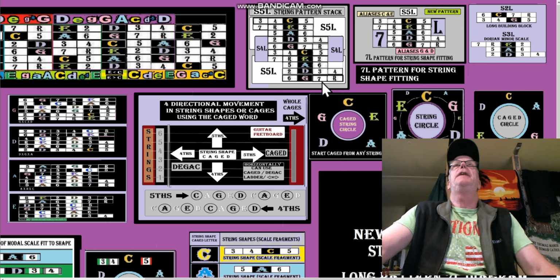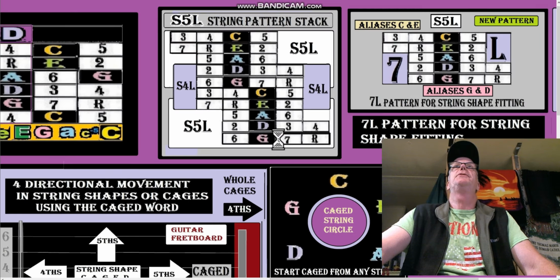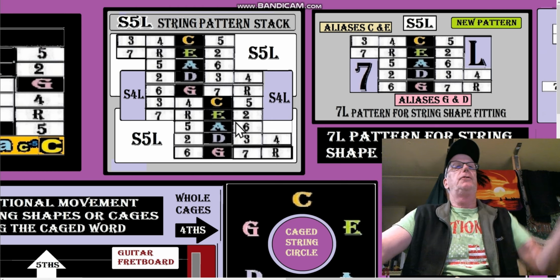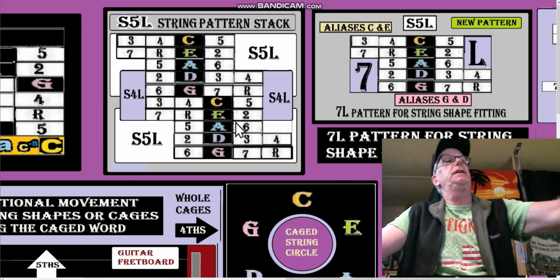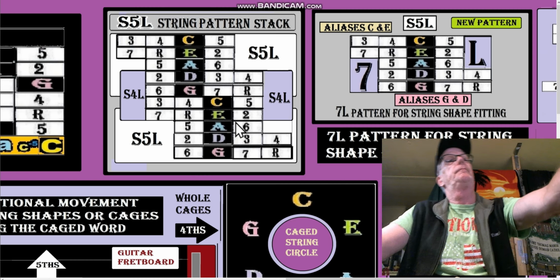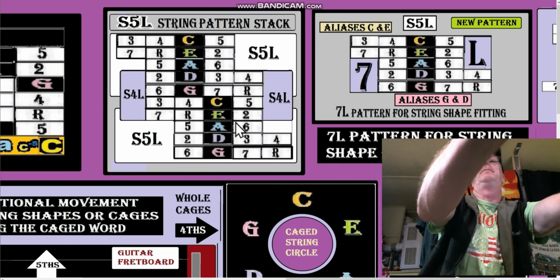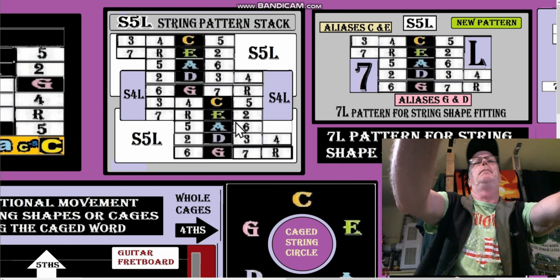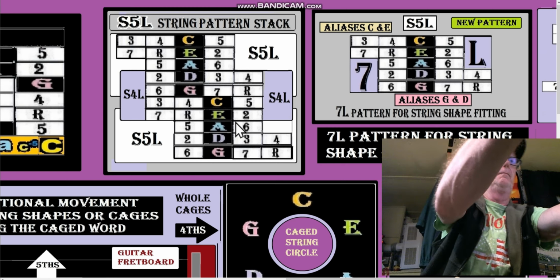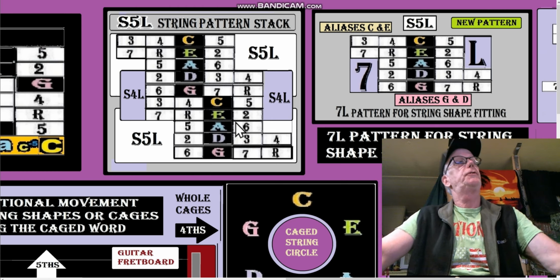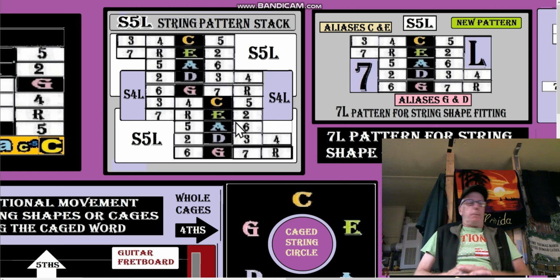It can be done in any key. So I did promise you I'd look at it in an oddball key. So let's say the key of A flat. All right, so that's the key of A flat. What's the 6 of A flat? I can tell you right off the bat.